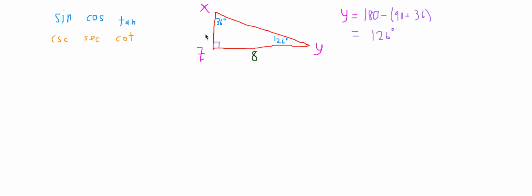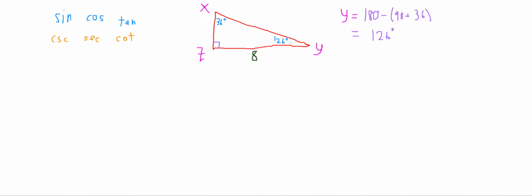And now we can solve for the rest of the sides. Unfortunately, we can't use Pythagorean theorem as of course we have two unknown sides. But we can use our trigonometric ratios here. So let's use sine here.